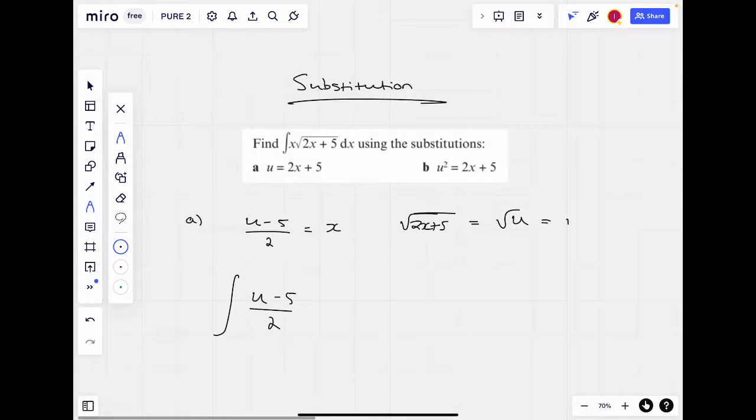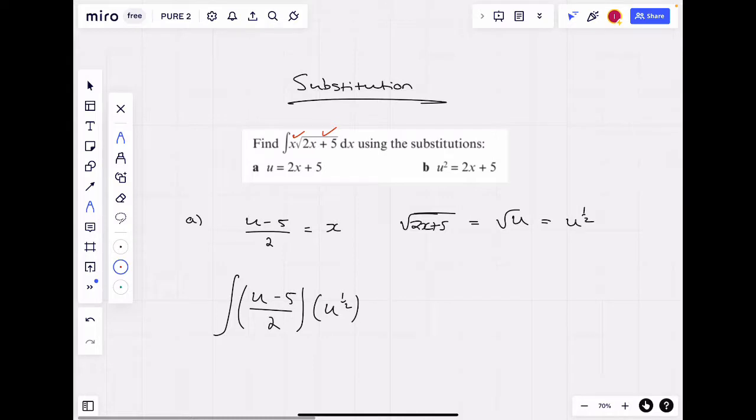So this is u to the power of a half. Now, this is one of our terms which we've substituted and made into u form. The other one would be u to the power of a half. That's the second thing. So this is done, and then this is done.